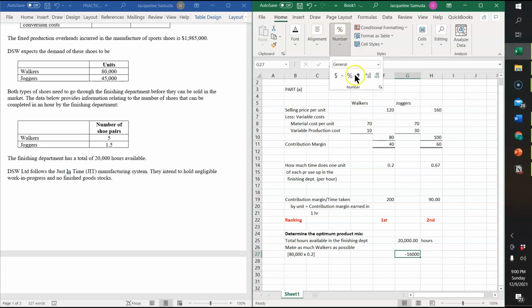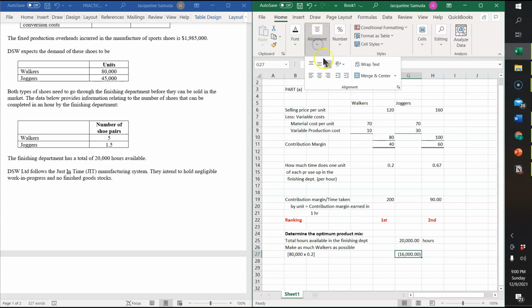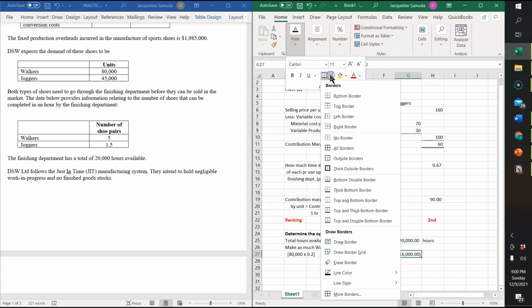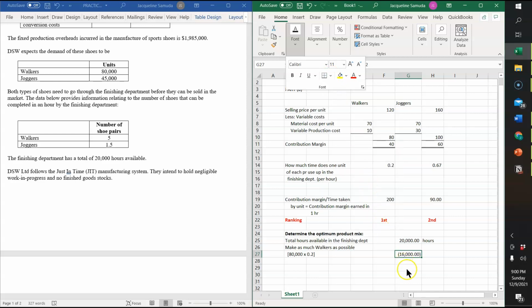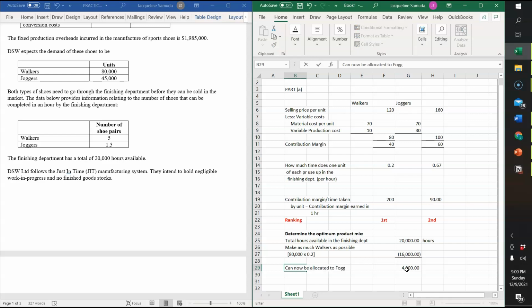Okay, so let us see how many hours remain. Let's quickly do this. All right, so we know it's 4,000 hours left. These 4,000 hours can now be assigned, or allocated, to joggers.